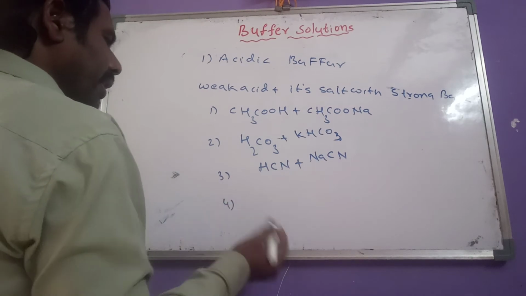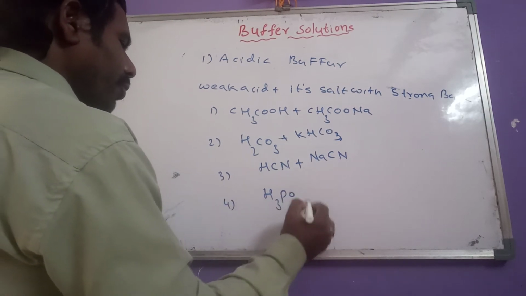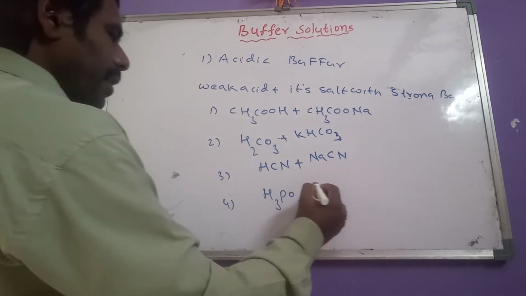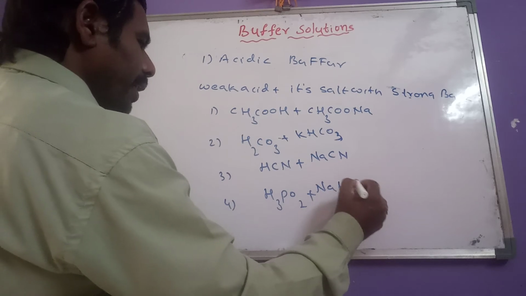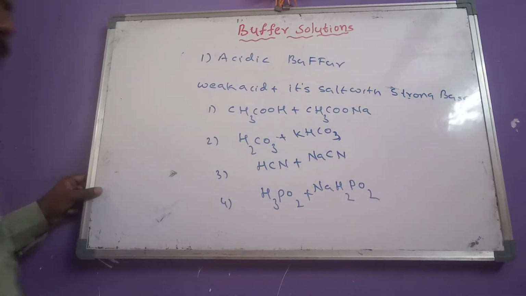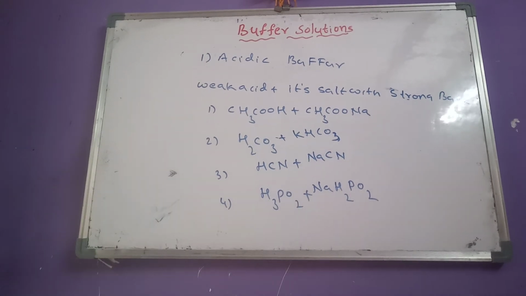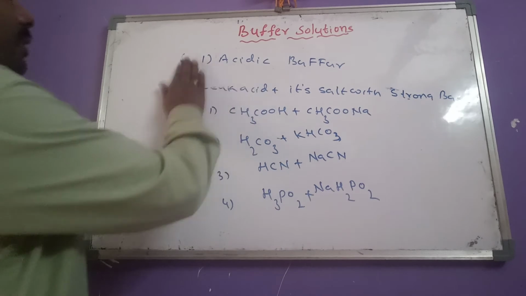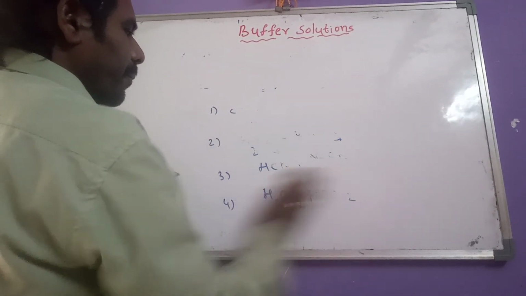And another example you can go for here, H3PO2, hypophosphorus acid plus its salt NaH2PO2, sodium hypophosphite. So these are all examples of which one? Acidic buffer.